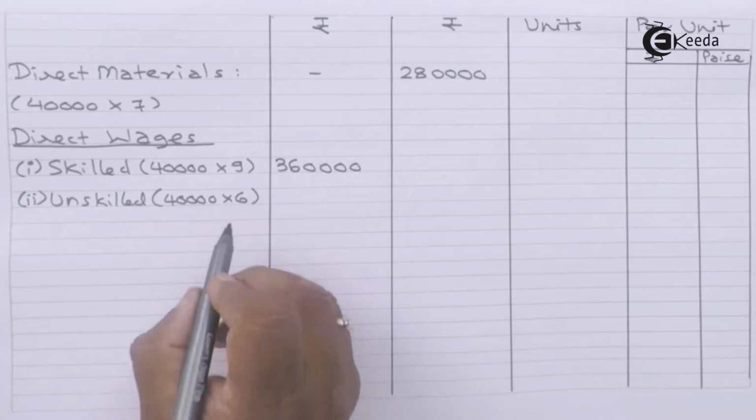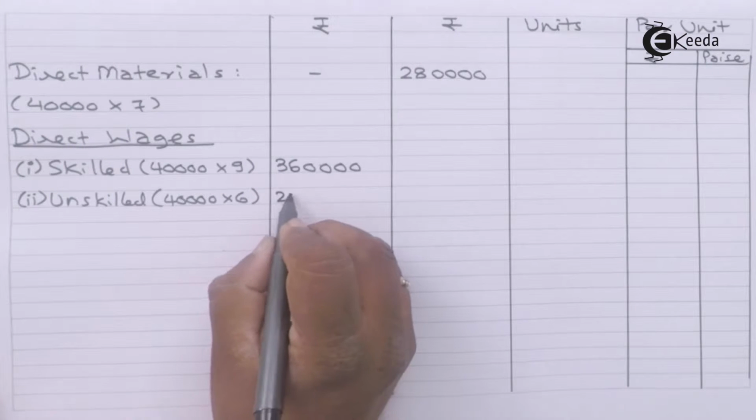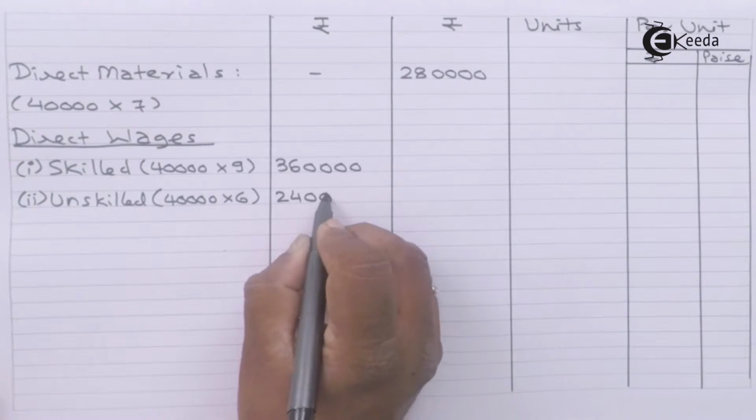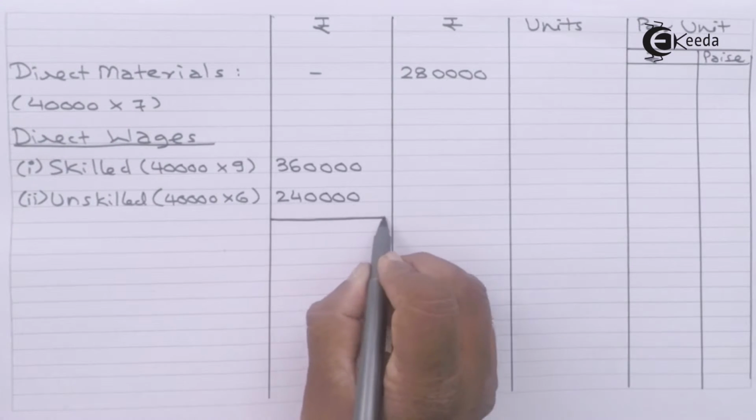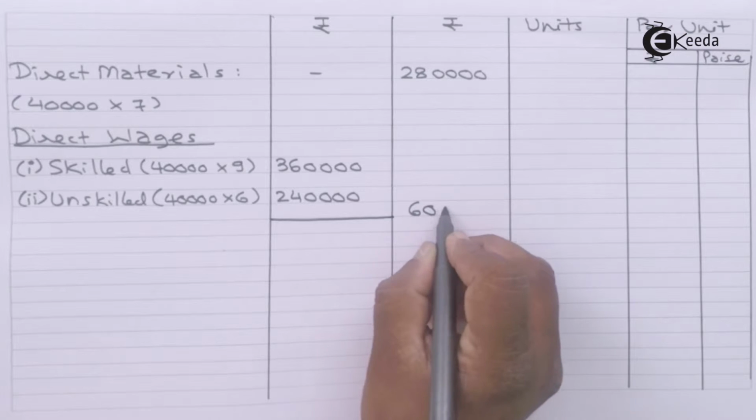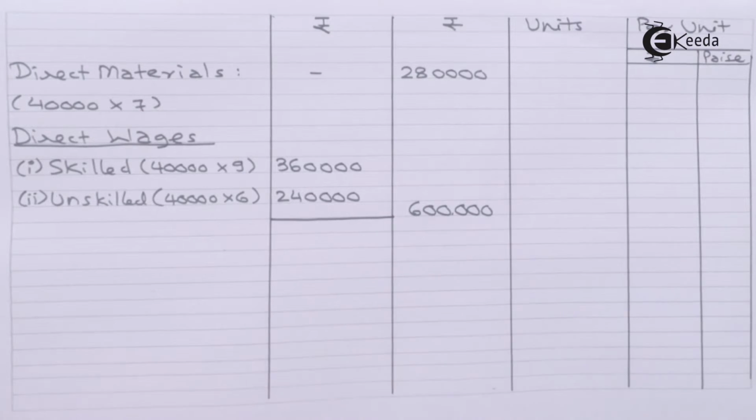Unskilled, it is rupees 6 per unit, it will be 2,40,000. We'll be adding both. So direct wages is rupees 6 lakhs.